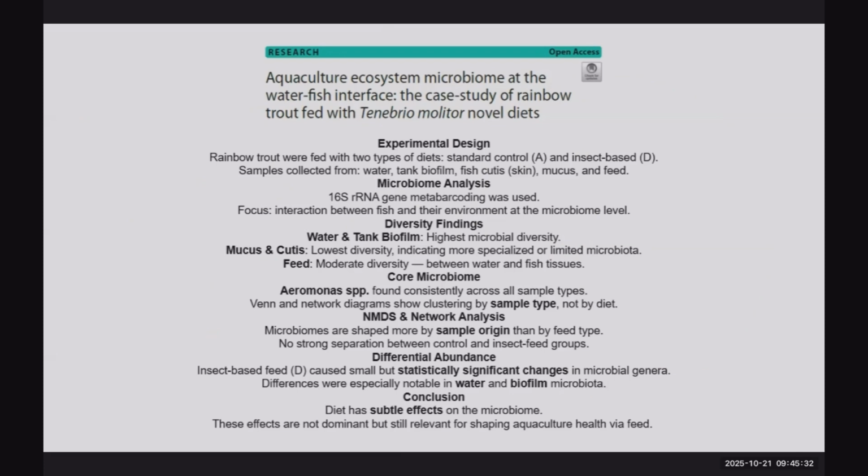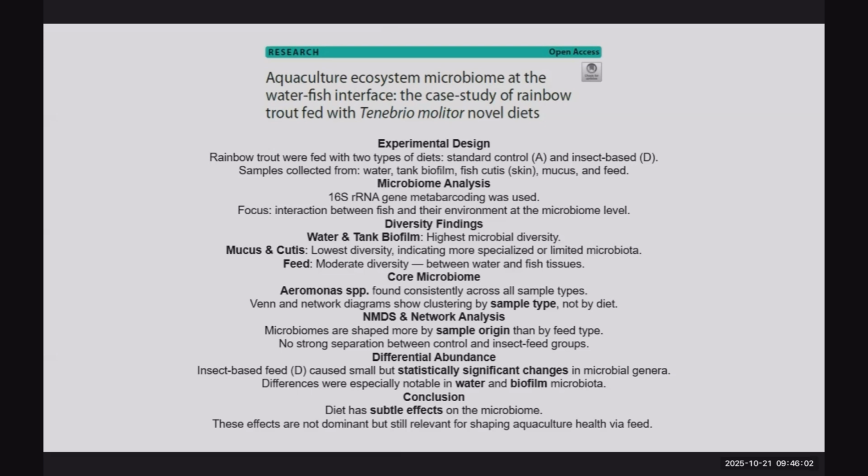The second one is Bruno 2023 BMC Microbiology. Feed and water microbiome analysis in rainbow trout ecosystems. So in this first slide, I will walk you through the overall scope of the study.